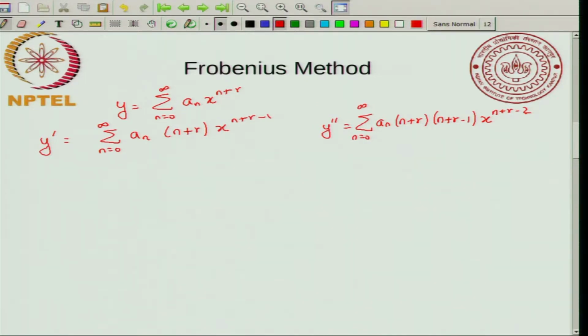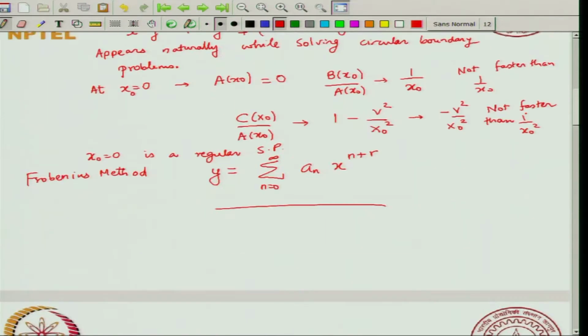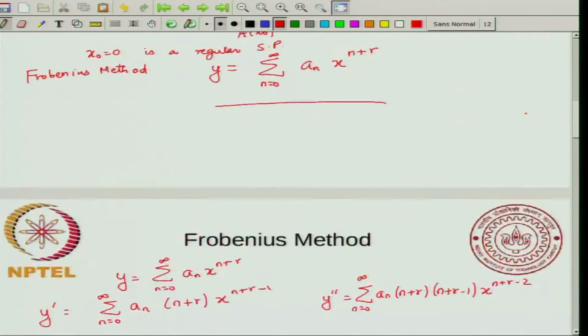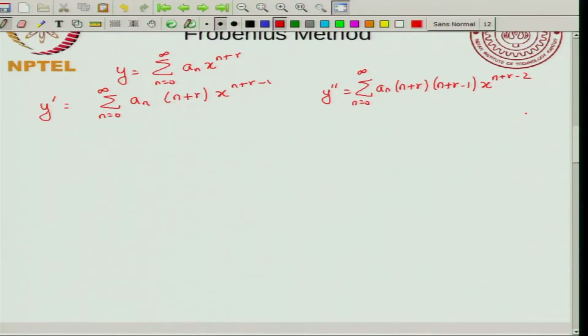Okay. Now when you substitute this in the differential equation, x squared y double prime plus x y prime plus (x squared minus v squared) y equal to 0, x squared y double prime will look like the sum over n equal to 0 to infinity of a_n (n plus r)(n plus r minus 1) x raised to n plus r. Now notice I had n plus r minus 2 and then x squared y double prime, so the power becomes n plus r.